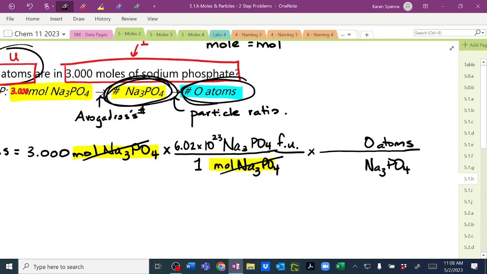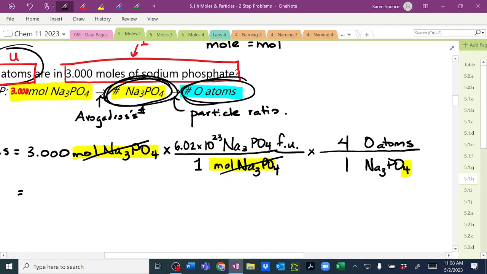What number goes on the top? 4. There are 4 O atoms, right? 4 O atoms in 1 Na3PO4. And that's actually really nice. You just count them up using the formula, okay?